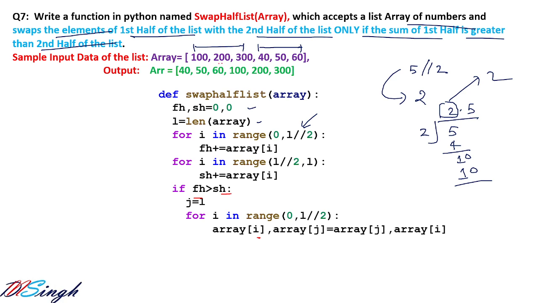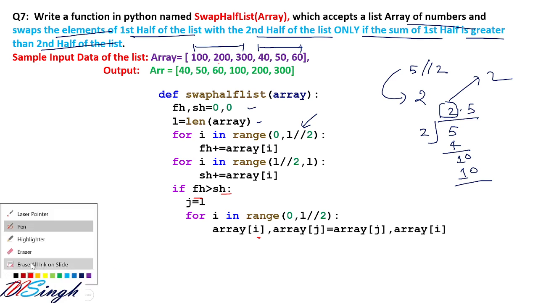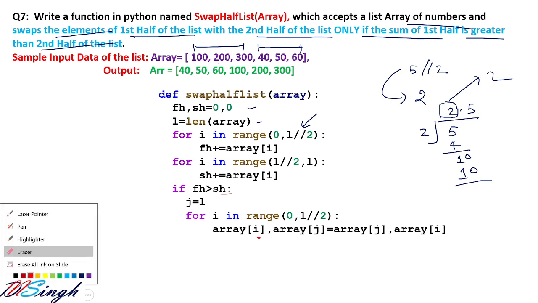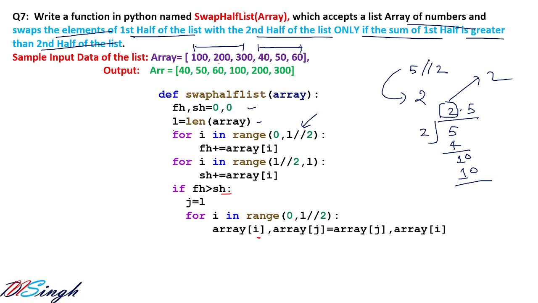Sorry, this should be L, not 1, due to a typing mistake this problem has been created. L is pointing to where? L is the last index, as you can see, L is the length. So what is at ARR of j?